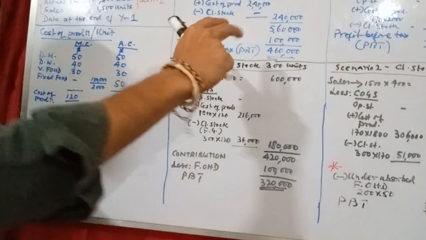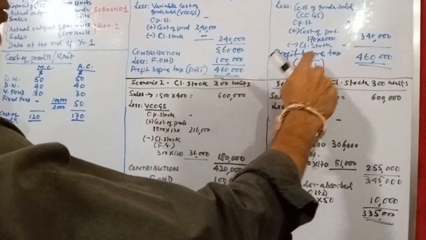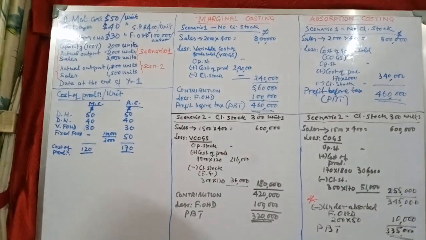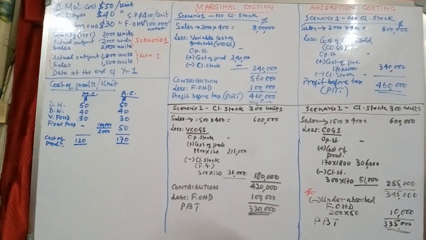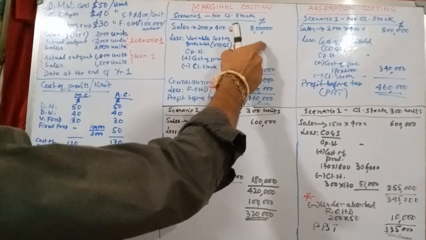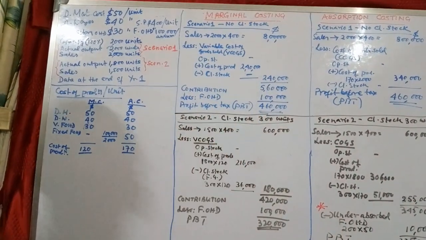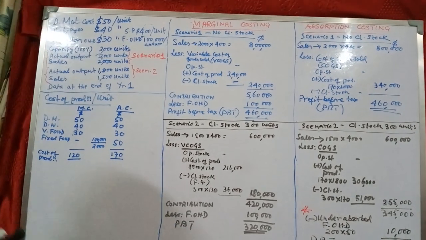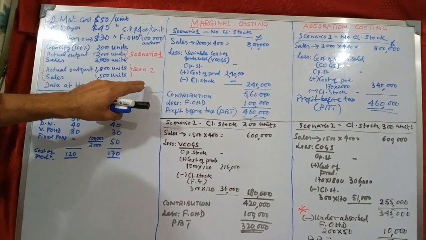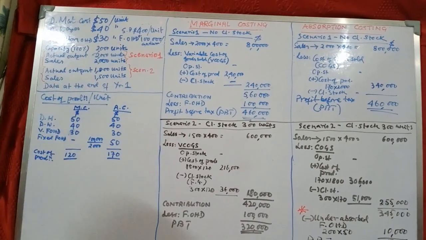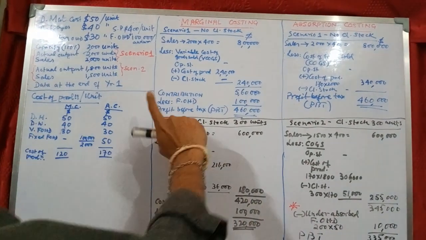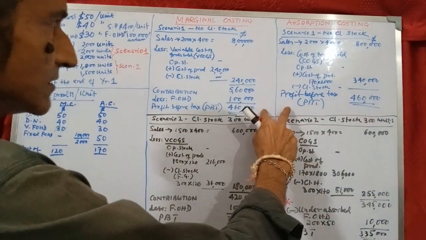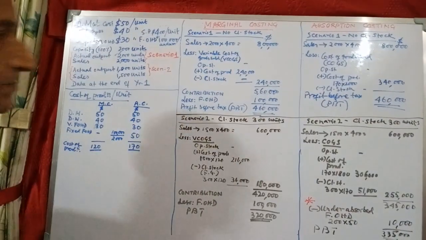Whereas in scenario 1 there was no difference in profits as per marginal costing and as per absorption costing. Why did this happen? Because in scenario 1 there was no closing stock. Of course there is no opening stock because this is the first year of operation of the firm, and in scenario 1 we considered there is no closing stock. And since there is no closing stock, there is no difference in profits under the two systems.